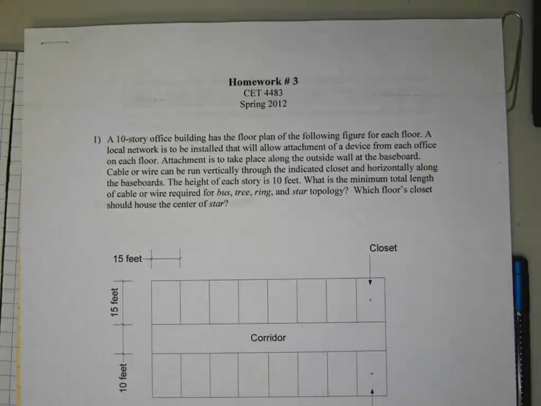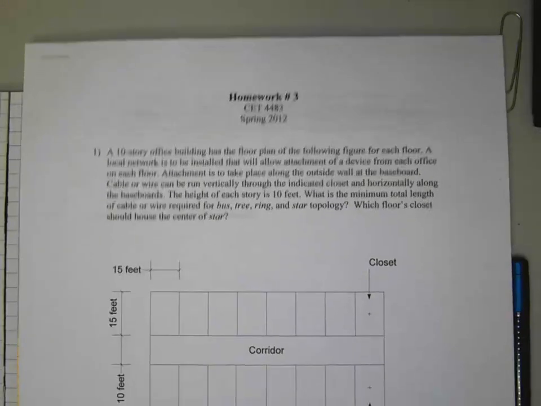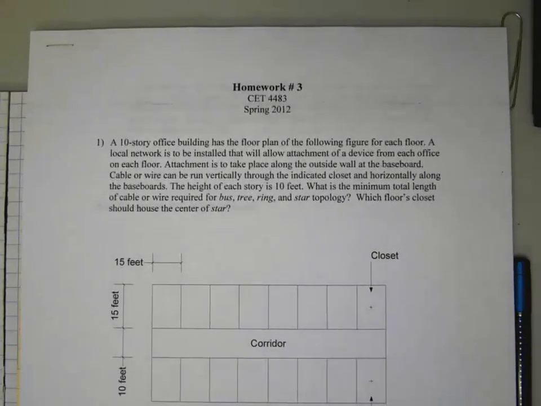Today I posted your homework number 3, and I just want to discuss a little bit about this homework so you have a better idea what to do. There are two problems. Problem 1 is about wiring a local area network, and we want you to figure out how long those wires need to be.